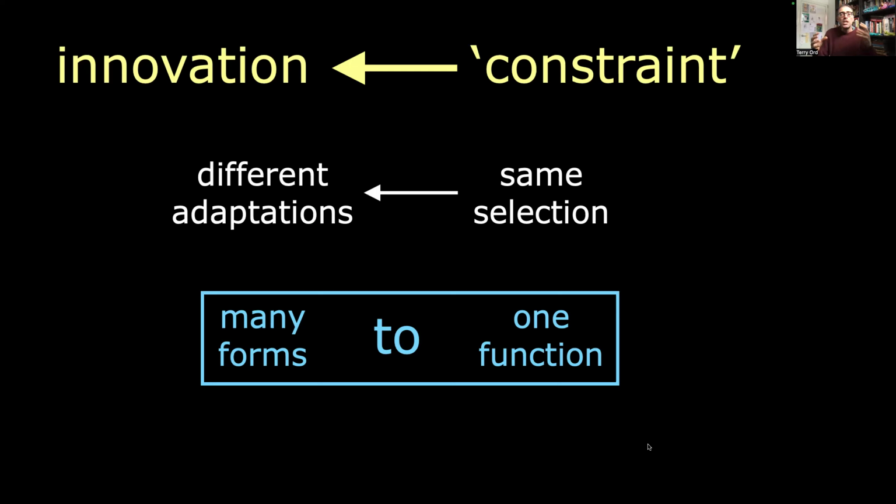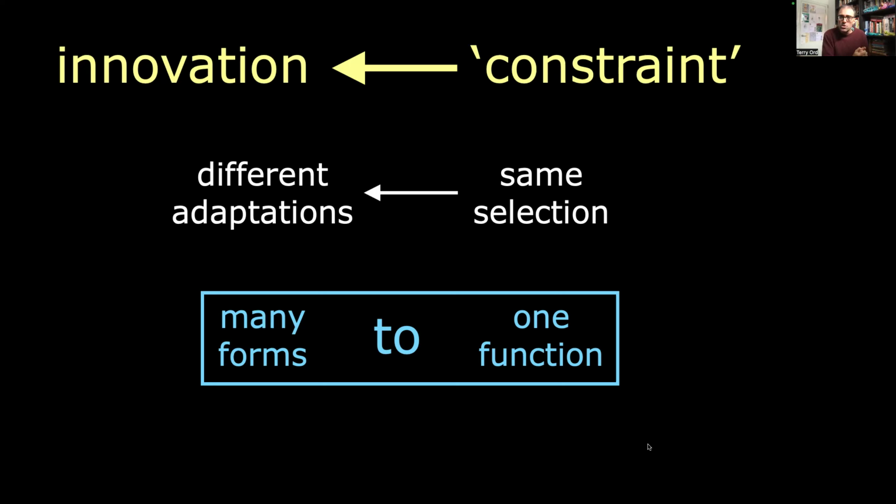So rather than traditional convergence, we have this many-to-one mapping of forms to function, which is something that the functional morphologists and biomechanical and anatomical researchers are exploring. So basically, the evolution of alternative designs in response to a common selection pressure.